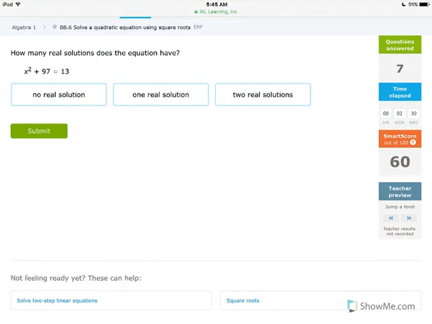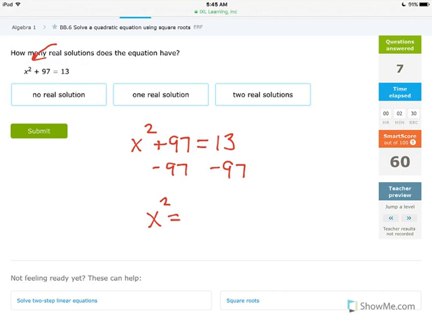And let's look at another one. So how many solutions would this equation have? So first we need to get the square by itself. So subtract 97 from both sides. So here's the original. And we will subtract 97 from both sides. So x squared equals 13 minus the 97.